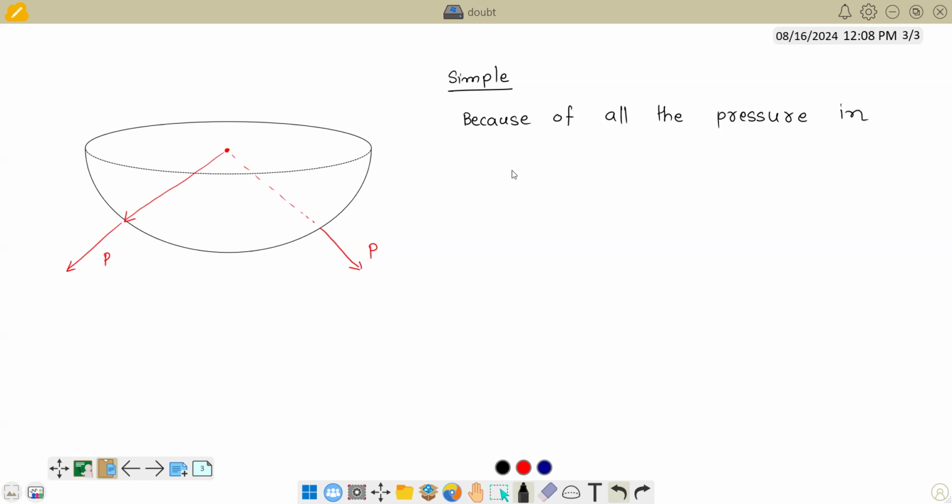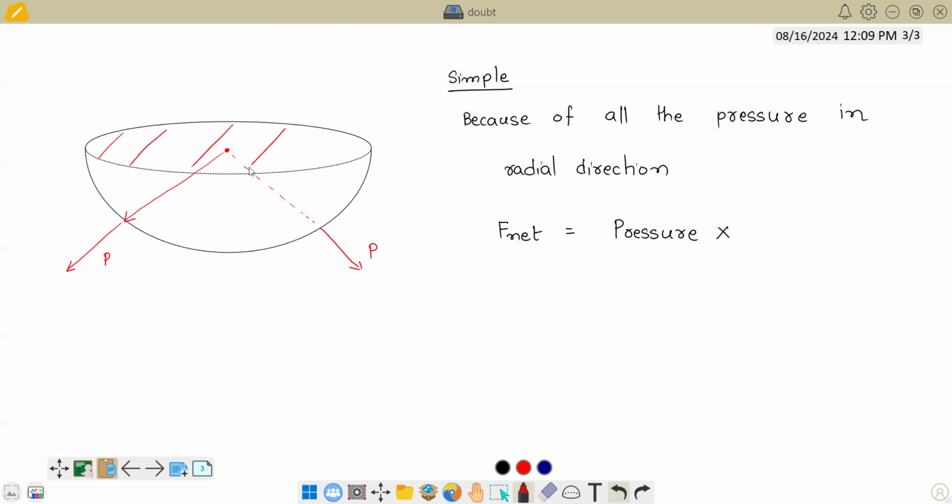So if pressure is acting in this way, because of all the pressures, in the radial direction, the net force will actually be pressure into projected area. What do you mean by projected area? We have to take only this area.